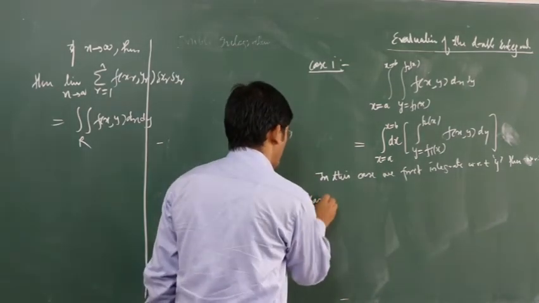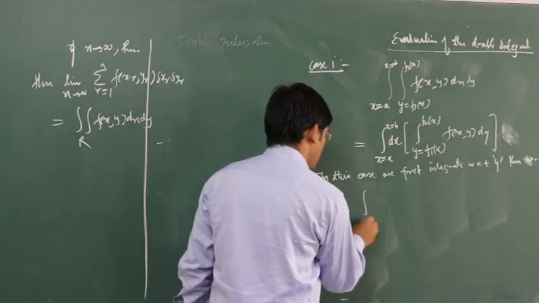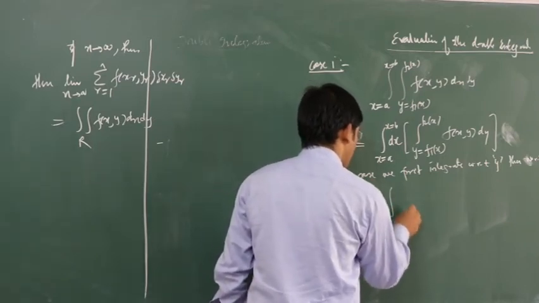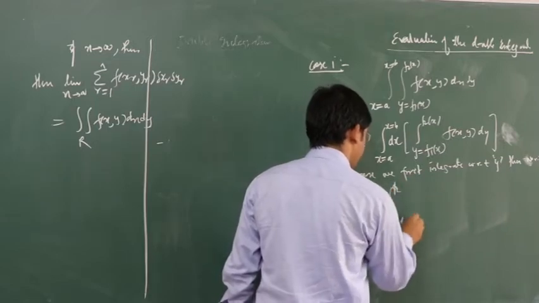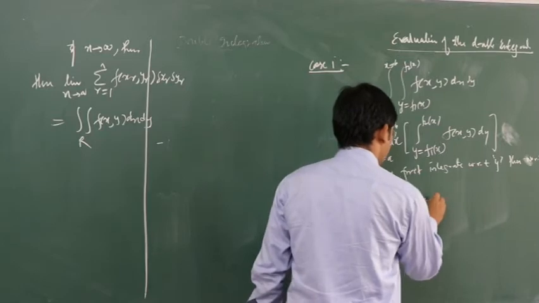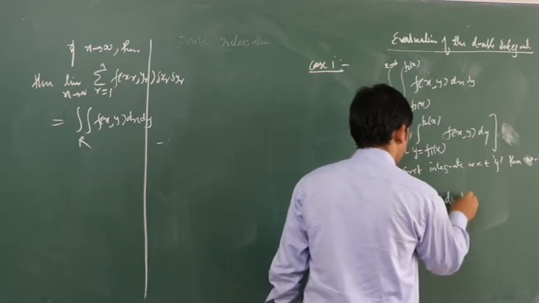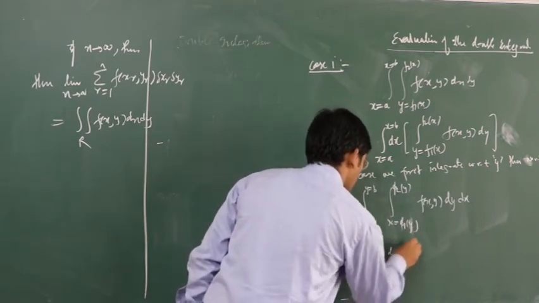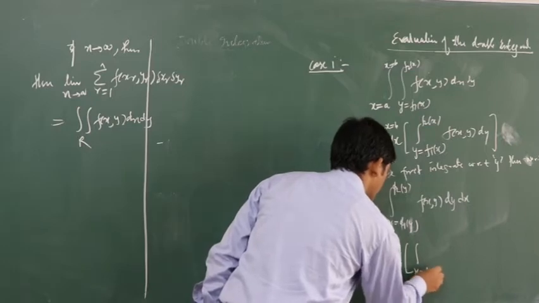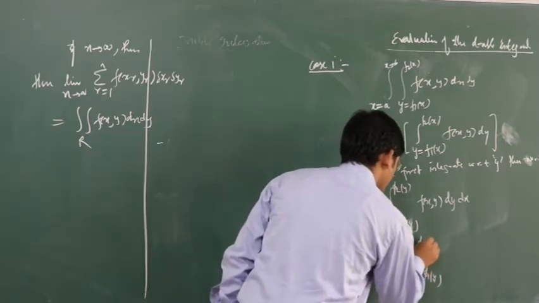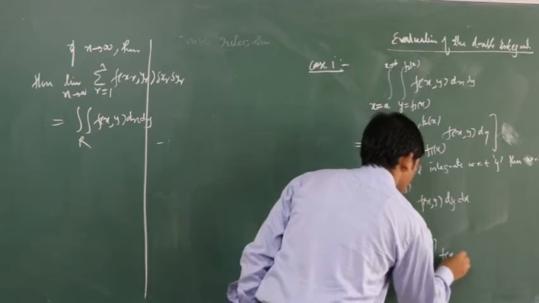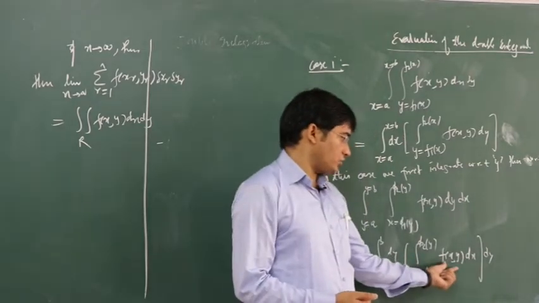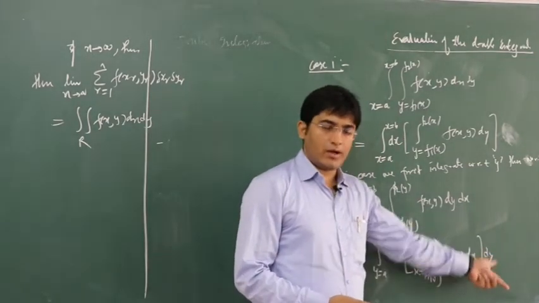Then consider case 2, where the limits of y are constant and the limits of x are in terms of y. In this case, we will first integrate with respect to x and then with respect to y.